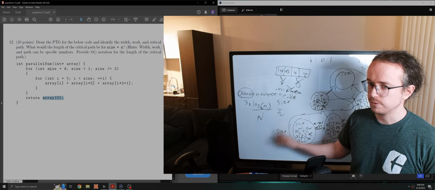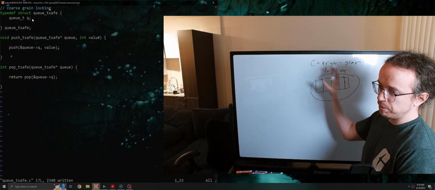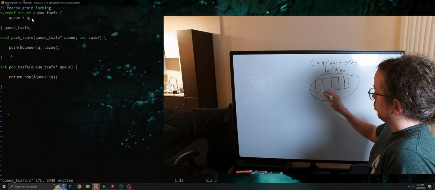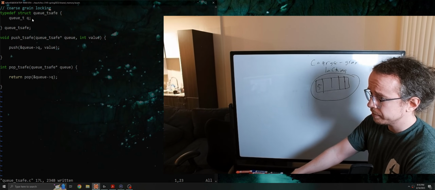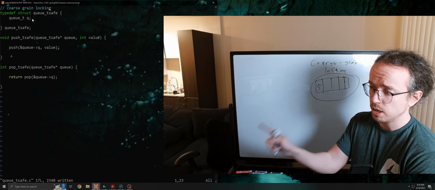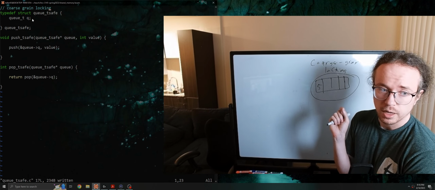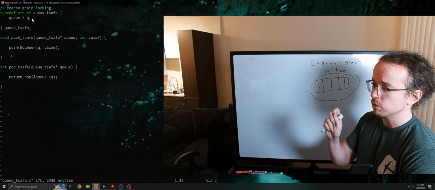Coarse grain locking on a data structure, or on anything, primarily you hear this in data structures, means when you access the data structure, let's say your data structure is an array, only one person can access any piece of the data structure at the same time. So if I'm writing a value here, nobody else can touch this data structure while I'm doing it. So what that means is we only want one thread to be able to push or pop at the same time. If one thread is pushing, nobody else can push, nobody else can pop. That's what makes it coarse grain, okay?